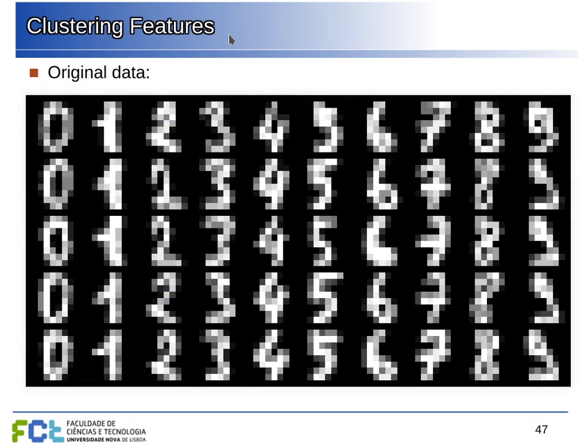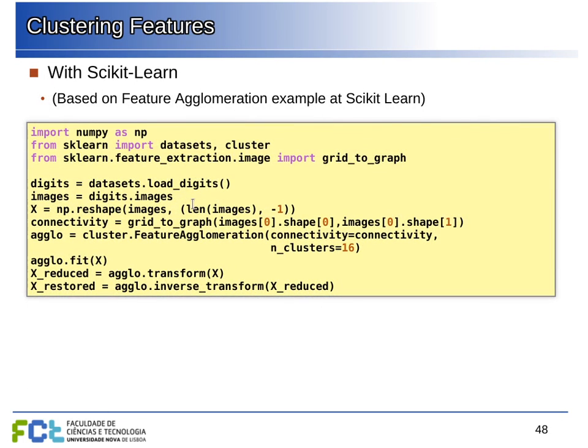And now we can reshape this so that we have as many rows as we have images, and as many columns as necessary to fill in all the data. So in this case, it will be 64 columns. So this would be our data matrix, 1797 rows, one for each image, 64 columns, one for each pixel.